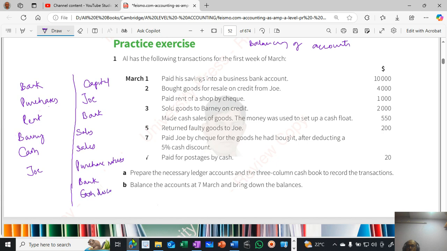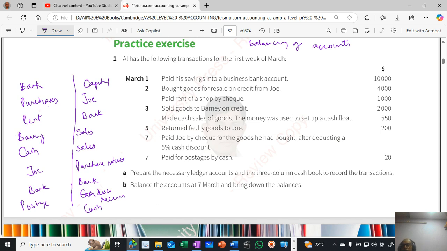So this is discount received. Then by check obviously means bank. Then paid for postage by cash. So postage, cash.